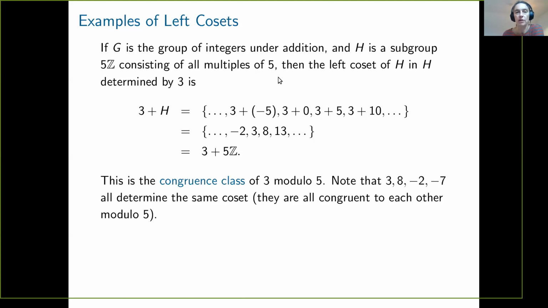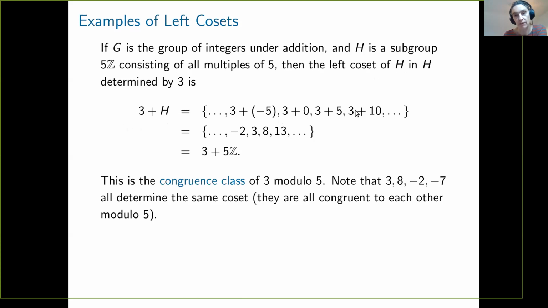According to the definition, consider the left coset of H in G determined by the integer 3. Here 3 has the role of x in our definition, the multiples of 5, 5Z, have the role of H, and the full group of integers under addition has the role of G. We get this coset by taking all the elements of H, that's 0, 5, 10, minus 5, minus 10, and so on, and adding 3 to all of them.